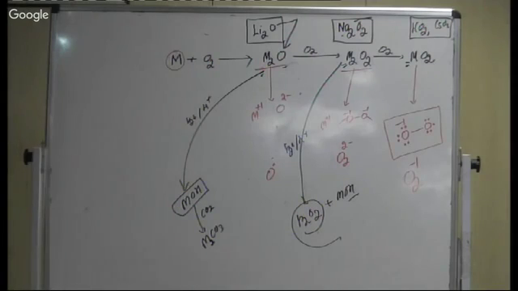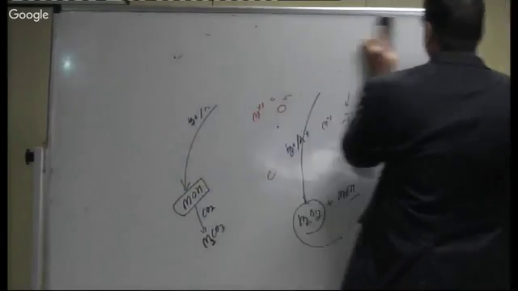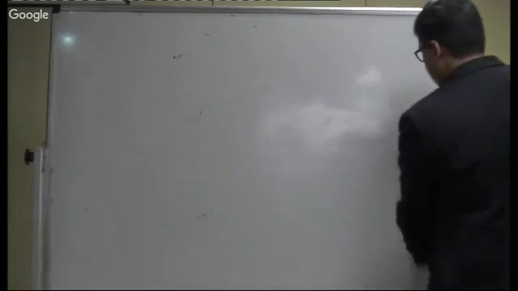So based on the oxides, you first write down. Based on the type of oxide which we form, these oxides are first classified as a normal oxide.